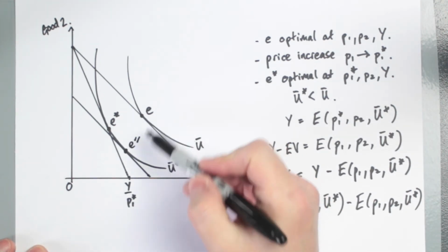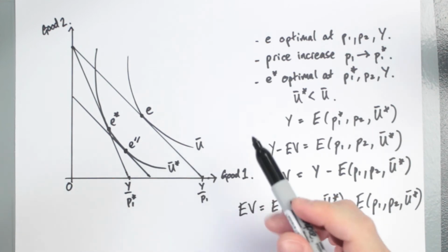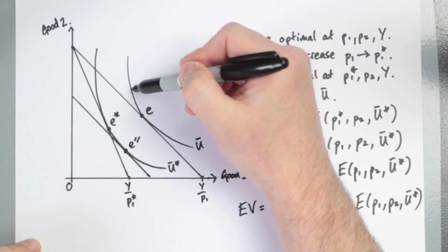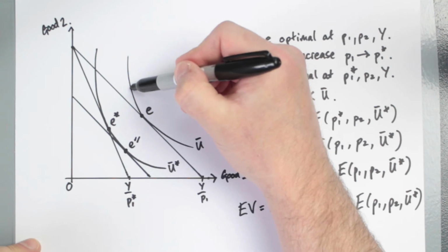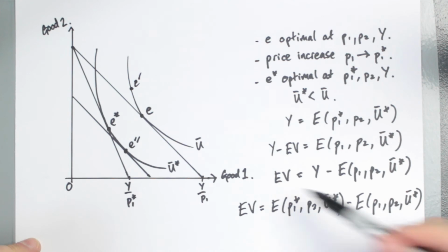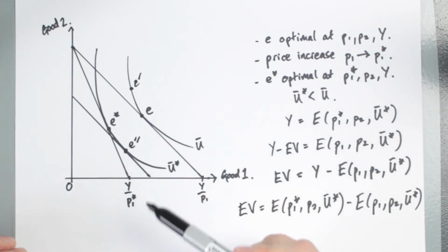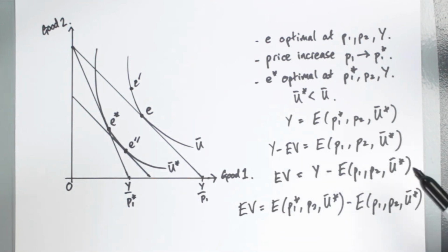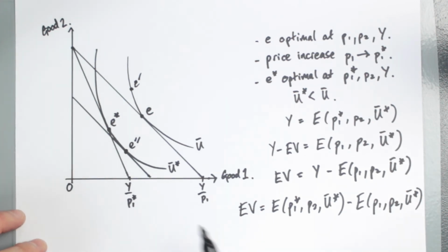Now going from E to E double prime, it's not a Hicks substitution effect, okay. The Hicks substitution effect would be going from E to the E prime from our previous part on compensating variation. Sometimes this is called a Slutsky substitution. The Slutsky substitution effect, which is calculated after the price increase. Okay, so there are other theories about substitution and income effects as well.